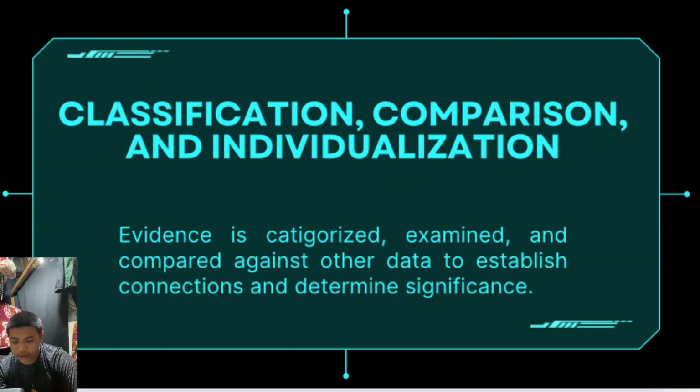So in an investigation, we need to categorize and compare specific data for us to establish a unique identity, meaning we need to classify the evidence, compare the similarities and differences of the case, and individualize the important information for us to know the characteristics of the data.